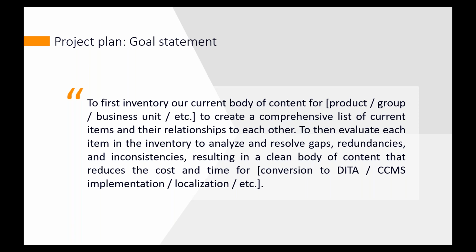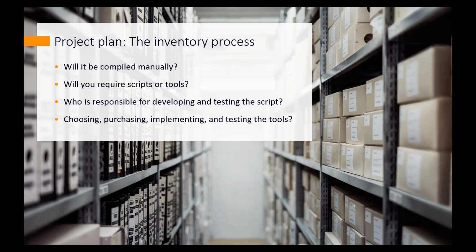To then evaluate each item in the inventory to analyze and resolve gaps, redundancies, and inconsistencies, resulting in a clean body of content that reduces the cost and time for conversion to DITA, CCMS implementation, localization, etc. So once you know firmly what you want to accomplish, then you can start accomplishing it.